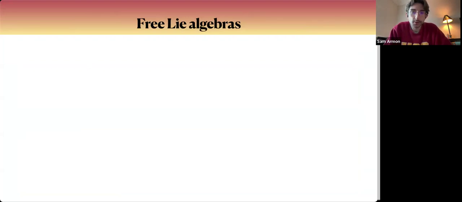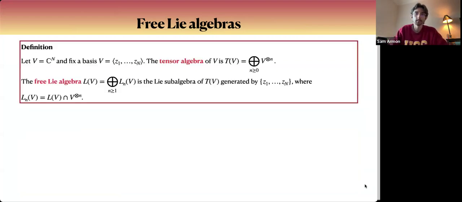So this module I'm going to define comes from an algebraic object called the free Lie algebra. And the way it's constructed is as follows. Start with a capital N dimensional complex vector space, and let's fix a basis for it, Z1 through Zn.